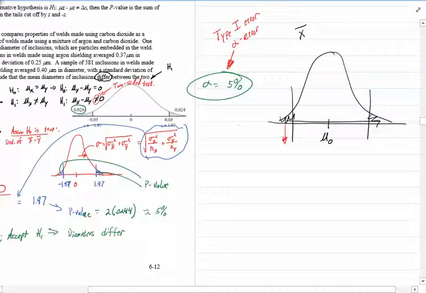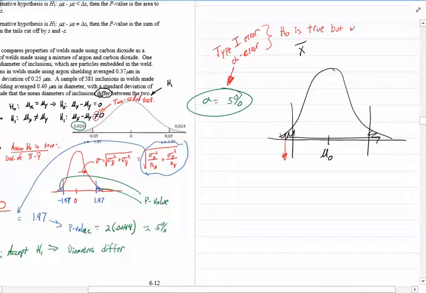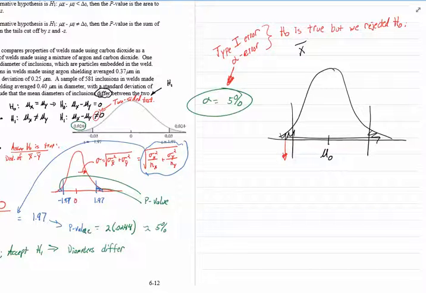And that means H naught is indeed true, but we rejected it. And that's going to happen simply by random chance 5% of the time if alpha is 5%.